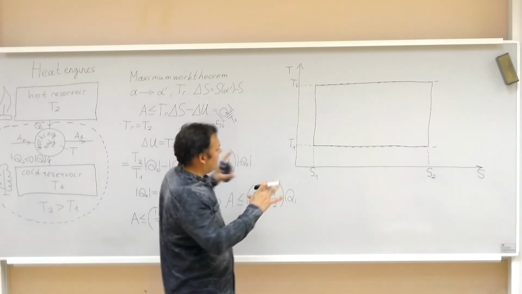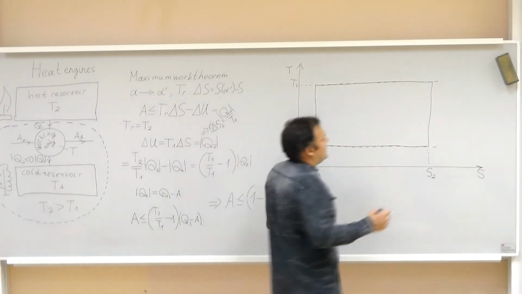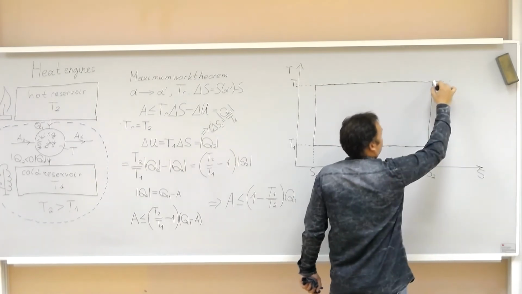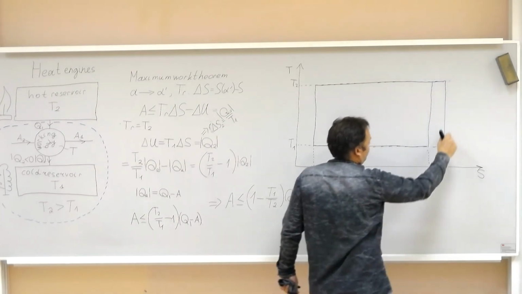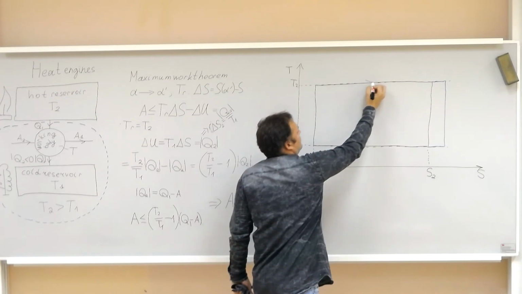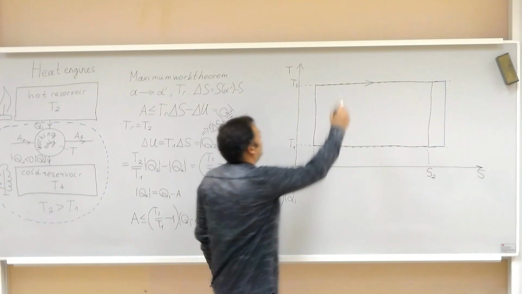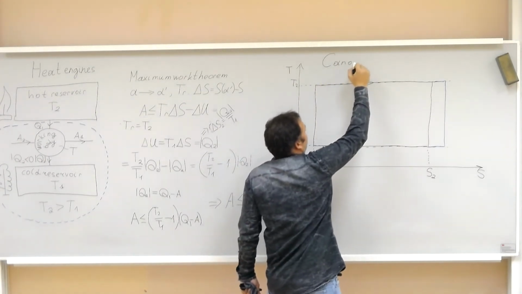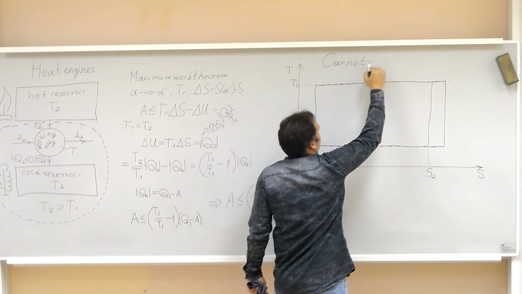This means that we have a class of cycles that have one and the same efficiency. This is the direction of the cycle. Let me write the name: Carnot cycle.